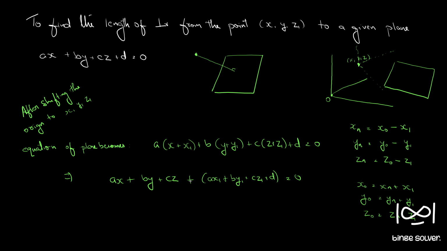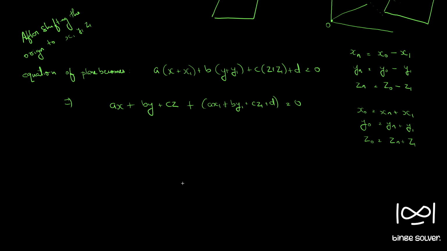Now we are going to convert this plane into its normal form. By doing so, we can easily find the distance from the origin, that is the new origin, to the plane. If you are not familiar with the normal form, you can refer to the old videos. Once we have this equation in normal form, it's very easy to find the distance from this point to the plane, or the new origin to the plane.